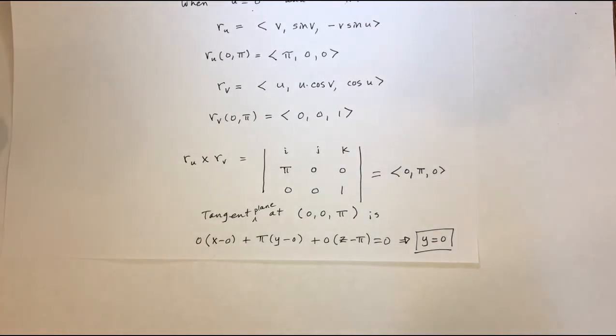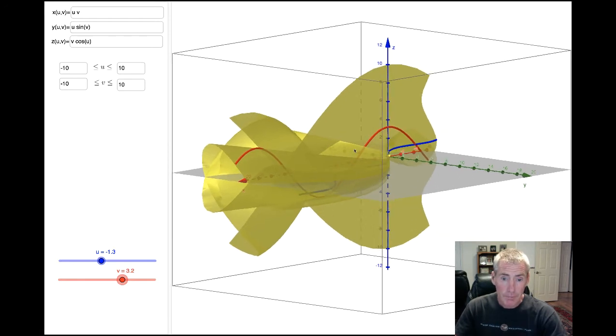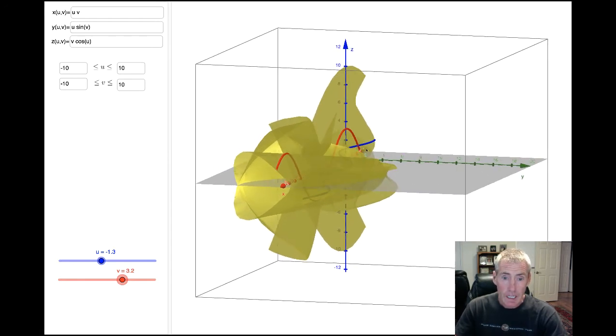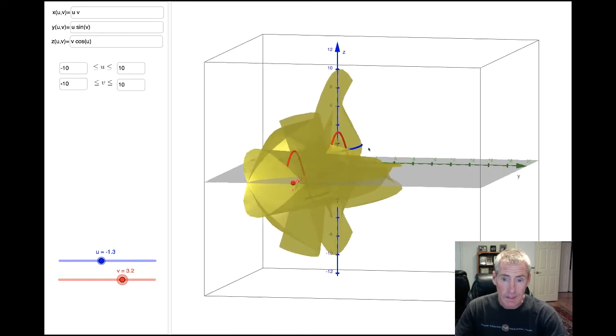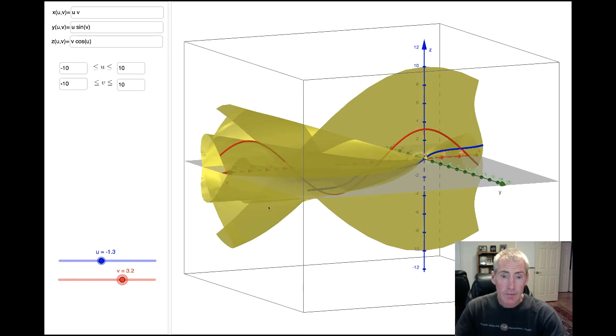And then let's take a look at the graph and see if that makes sense. So let's take a look at this function. First of all, what is that? Well, actually the parameters can help us understand the picture a little bit better.